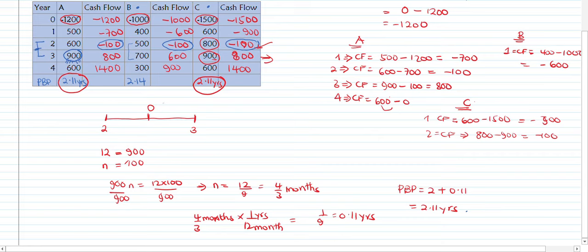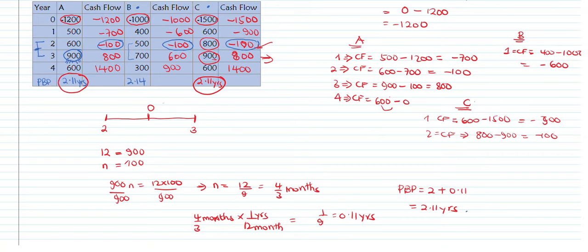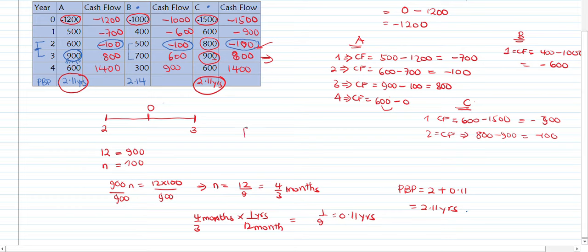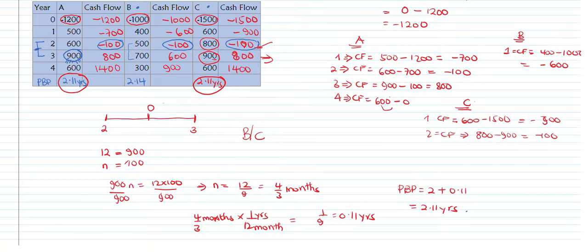So to distinguish between project A and project C, after using the payback period, we have another factor called the benefit cost ratio. Please, we are doing this because the question asks us to clarify which of these projects are economical. If the question doesn't ask for it, there is no need for you to do it. If the question simply ends at find your payback period, you end at finding your payback period.